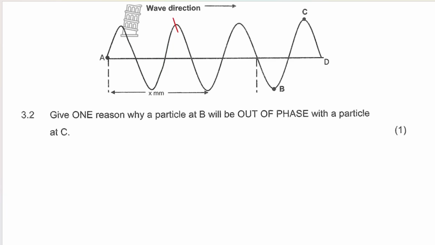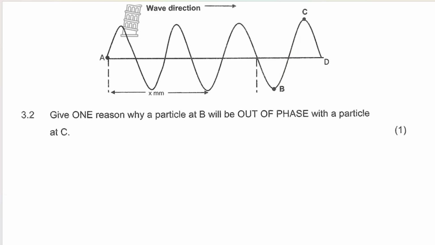This point over here and this point over here will be in phase because they're separated by two complete wavelengths. So it's whole numbers of wavelengths. But this particle over here and this particle over here won't be in phase because they're separated basically by half a wavelength, not a whole number of wavelengths. So that's one of the reasons why B and C are out of phase. They are separated by half a wavelength or not a whole number of wavelengths.